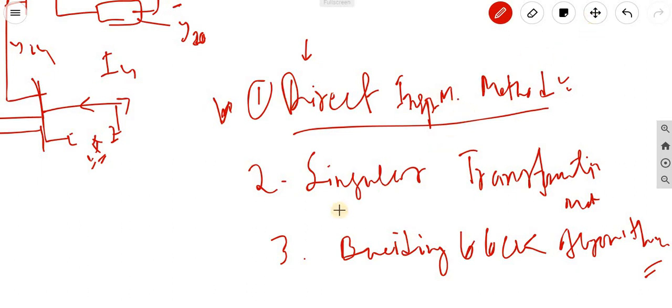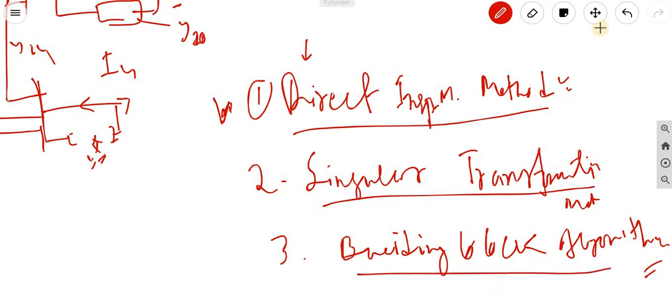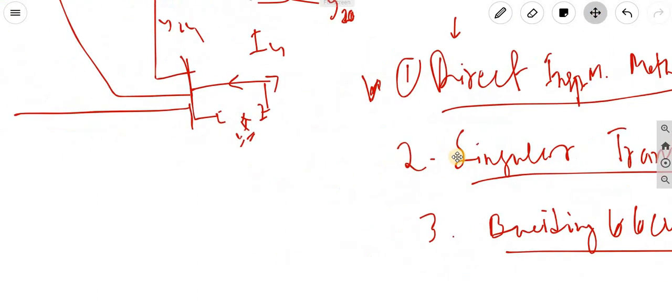But in the singular transformation method, whatever the number of buses, you can make an algorithm and then form the Ybus for the network, if we know the line parameter values. In the same way, the building block algorithm is also there.